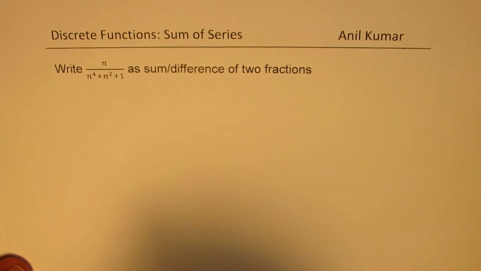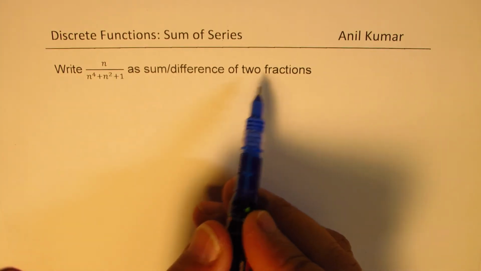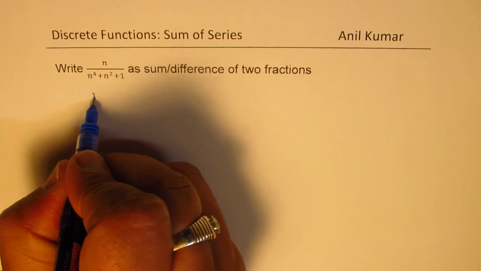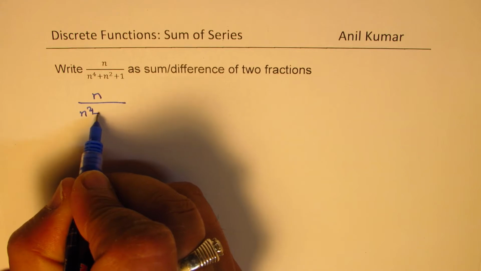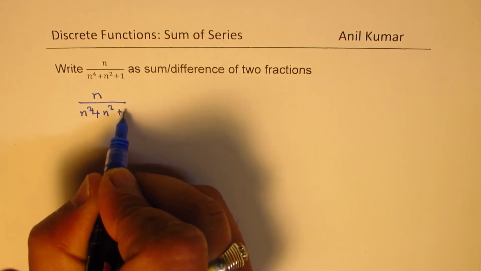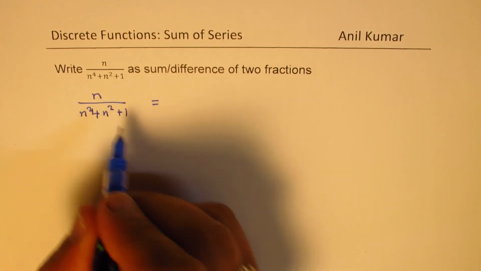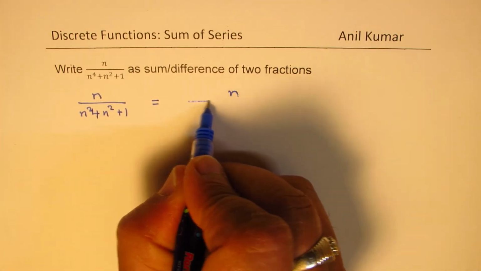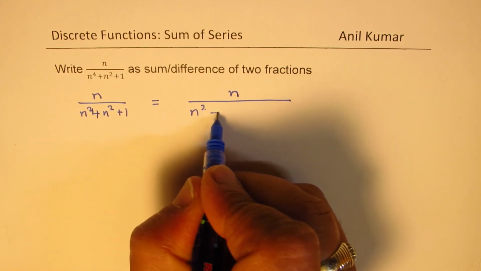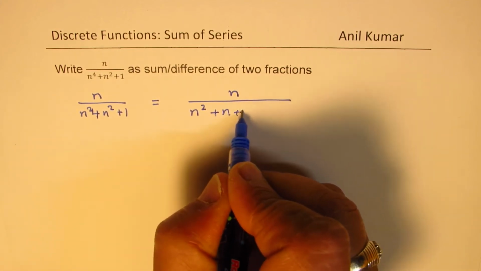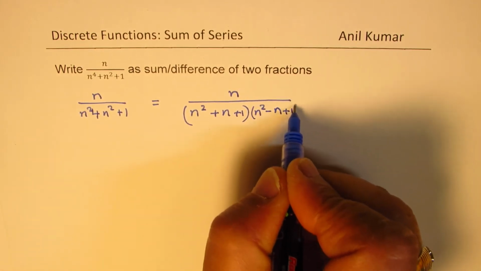Now we'll write this rational function as sum or difference of two fractions. So let's begin with n over n to the power of 4 plus n square plus 1. We have just written this as n over the factored form of the denominator, n square plus n plus 1 times n square minus n plus 1, correct?